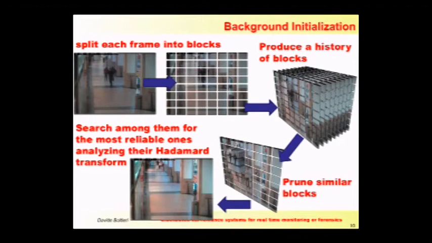This is a simple explanation of the algorithm. We take the first n frames, 10, 20 frames. We split each frame into blocks, and we produce a history of these blocks, putting together for each block position all the corresponding blocks on the first n images.